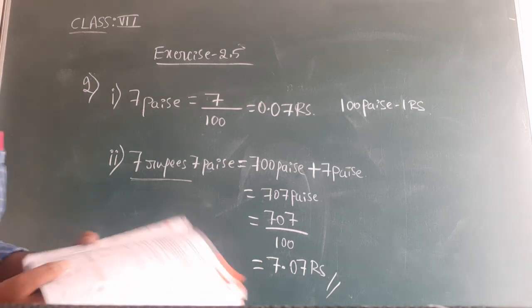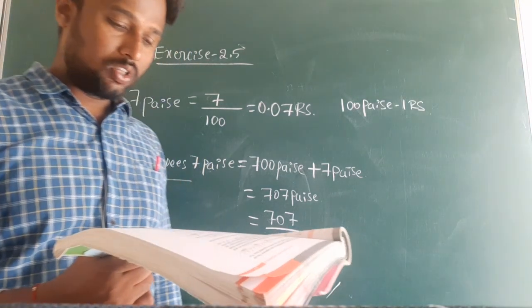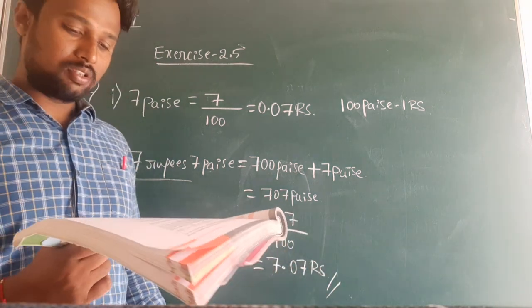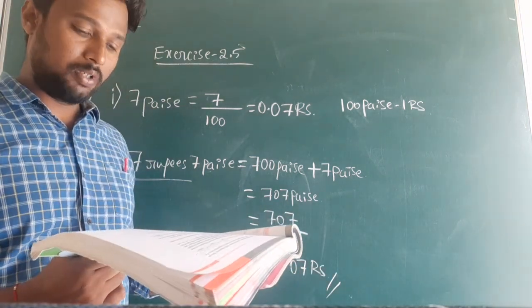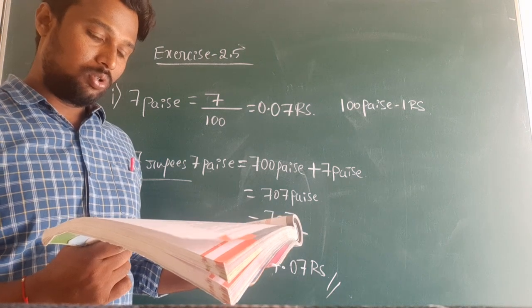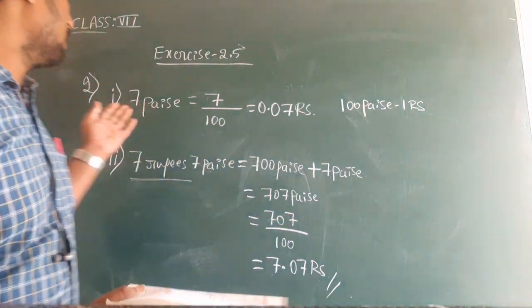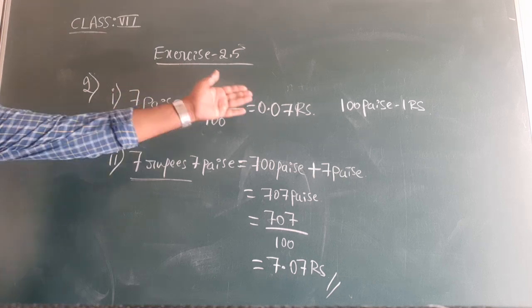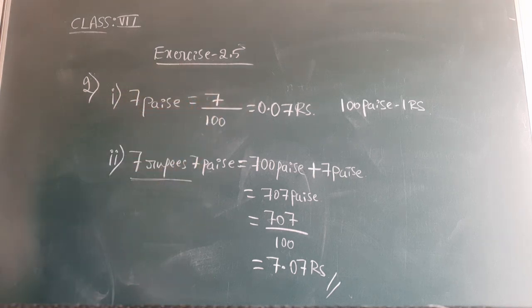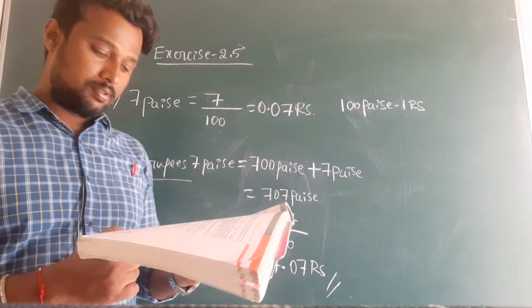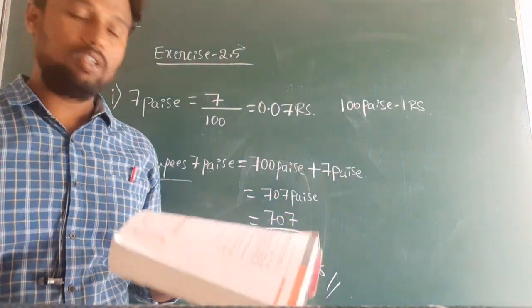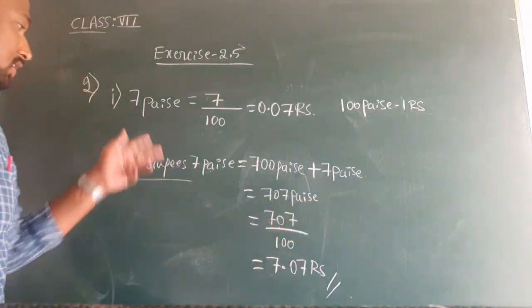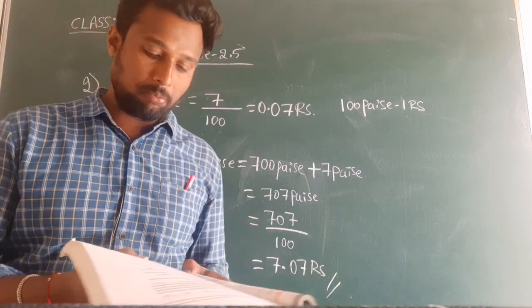Like this, you have to convert decimal values to rupees, or like this we can convert the paise they have given to rupees. They have given 5 problems. Of these 5 problems, I already discussed the first 2. Try to solve the remaining 3 problems.